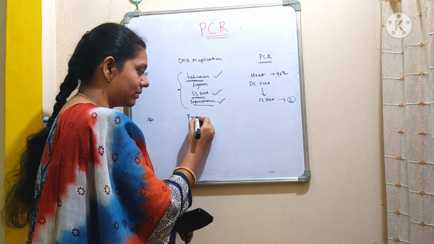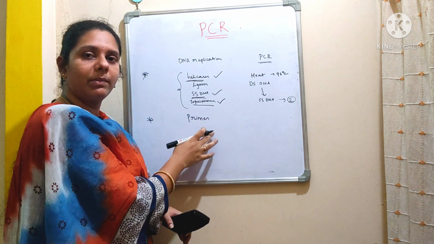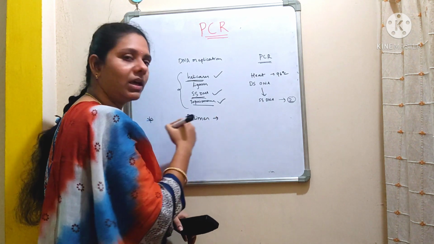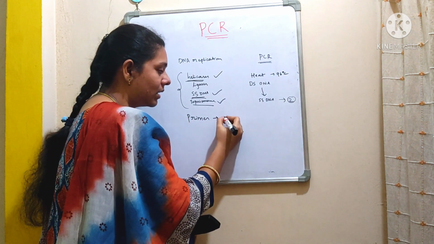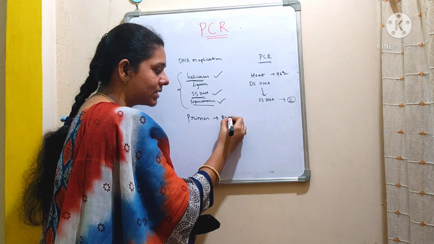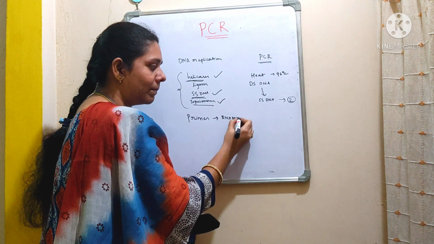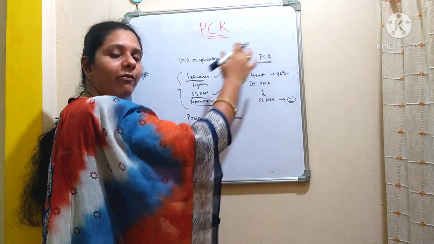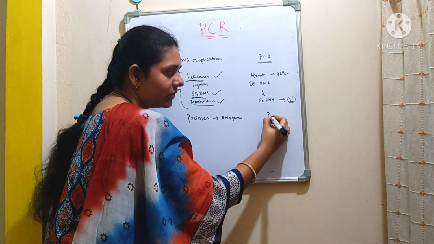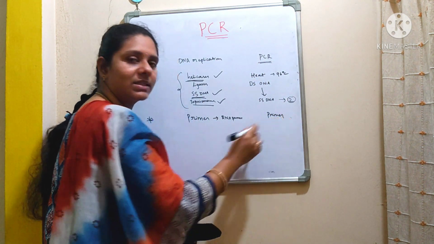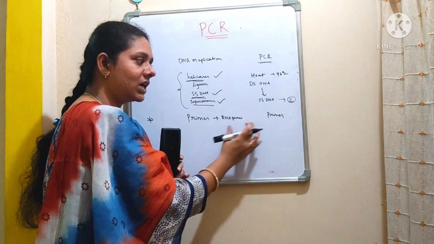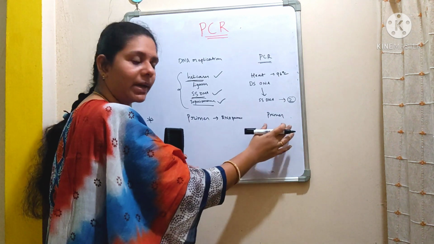we need a primer. Here the RNA primer will initiate the process of replication. So in case of DNA replication in prokaryotes, an RNA primer is required, right? But when coming to the synthesis of DNA with the help of PCR, here also we require a primer that is synthesized chemically. Okay, observe the difference. In both conditions there is a requirement of primer.